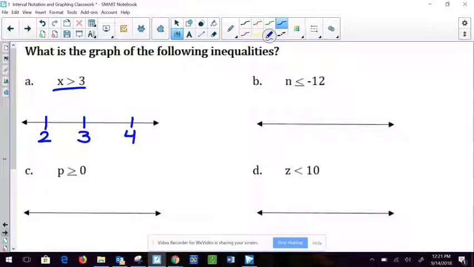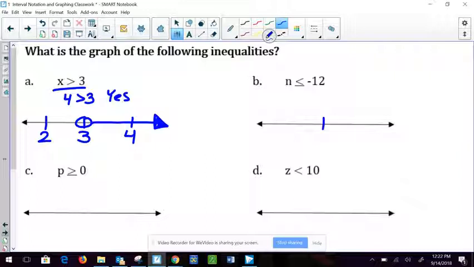Referring back to that chart on the top of your page, a greater than sign gets an open circle. The variable is on the left, so we shade where the arrow points. And you can always go back and check it. Okay, I shaded where 4 is. Is 4 greater than 3? Yes, it is, so I shaded in the right area.